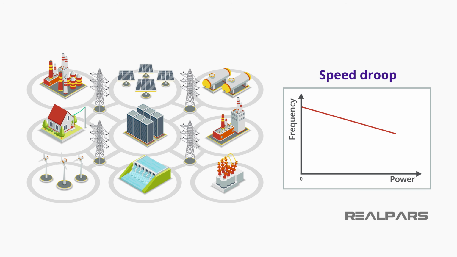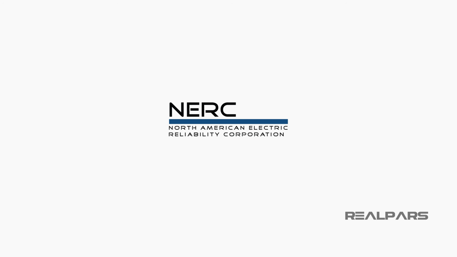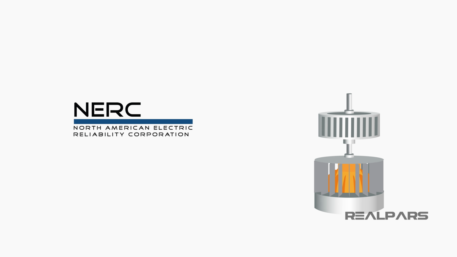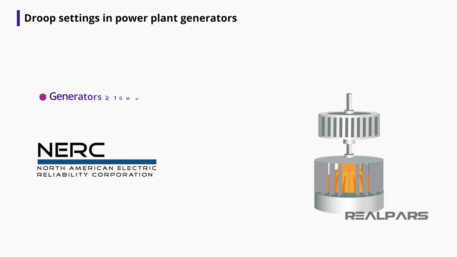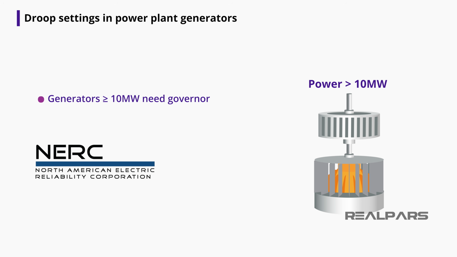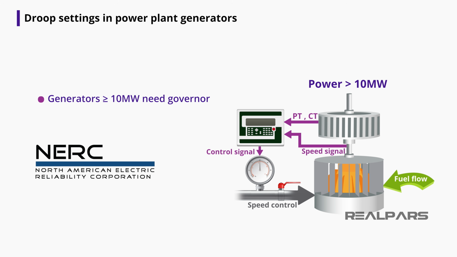Due to its importance to grid stability, there are bodies that govern the approaches and operations of machinery in the energy and electricity sector. Through reliability guidelines, the North American Electric Reliability Corporation regulates governing aspects such as droop settings and power plant generators, with guidelines such as all generators equal to or above 10 megawatts must have governors to operate.